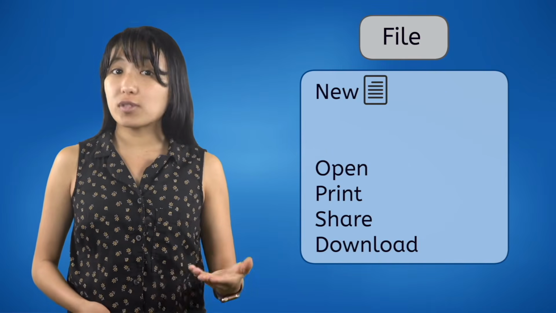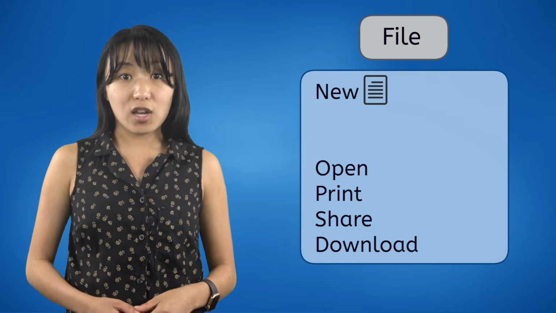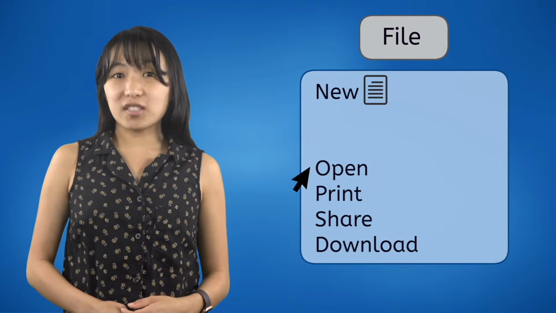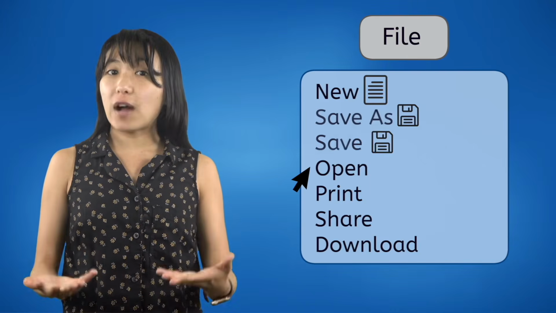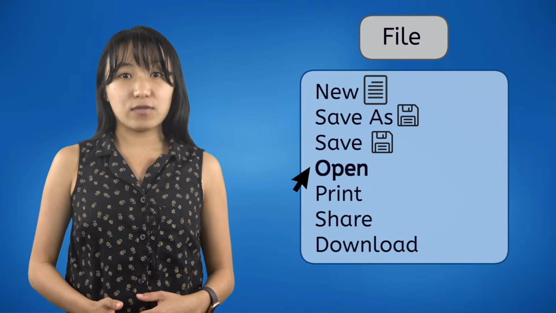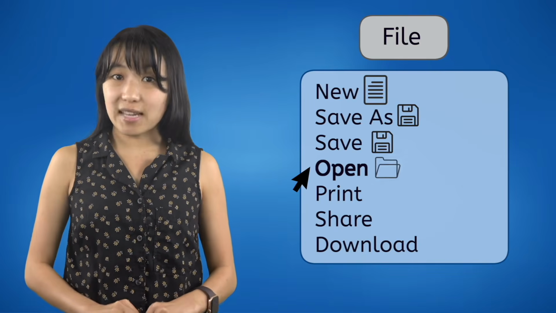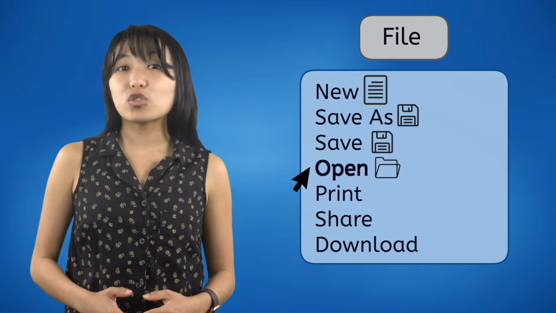Instead, they auto-save every little change you make, so you'll never lose your work. The Open option can be used if you want to open a file that has been previously saved. When you click it, a window displaying your folders and saved files will appear, and you can choose which one you want to open.